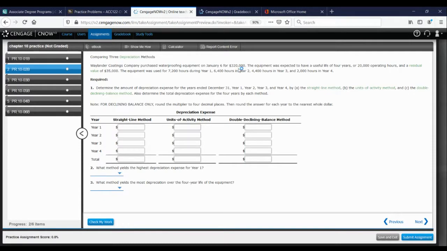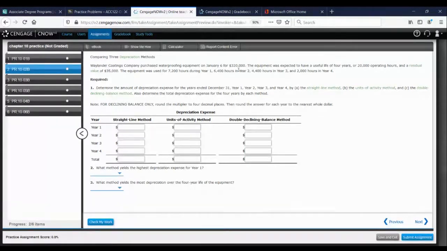We would want to record all of the costs associated with bringing the depreciable asset up to date and getting it ready to use. So you might have other costs such as freight charges or interest charges that you might need to add to the purchase price to find the total cost of the equipment. But in this case, they're just using $320,000 as the purchase price, and that is the cost of the equipment.